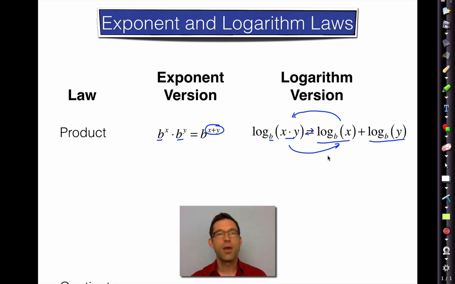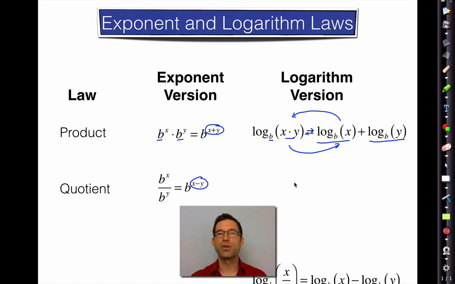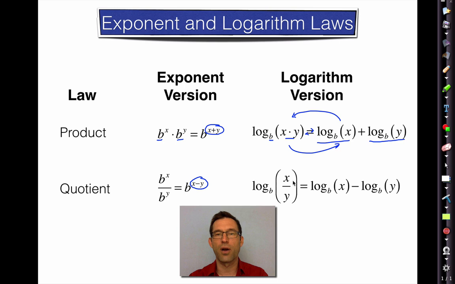Okay? Now you also have the quotient. The exponent version is that when you divide two quantities with the same base, you subtract their exponents. Well, the logarithm version, no great surprise. When you take the logarithm of a quotient, a division, then you can subtract the two individual logarithms. And again, it also goes this way as well as this way.